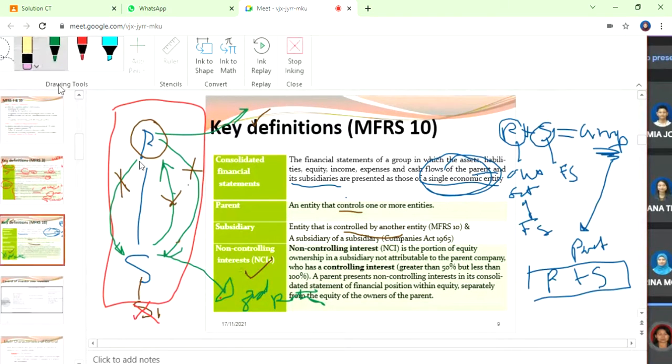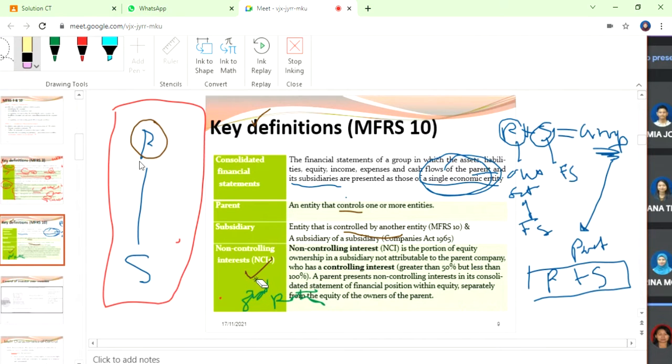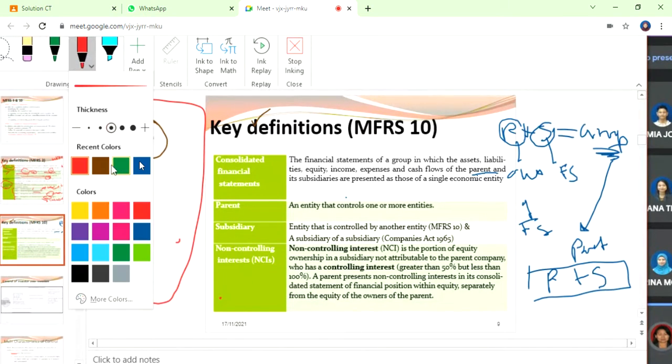Let me remove this. Who is this non-controlling interest?